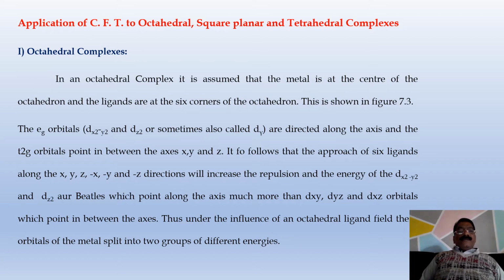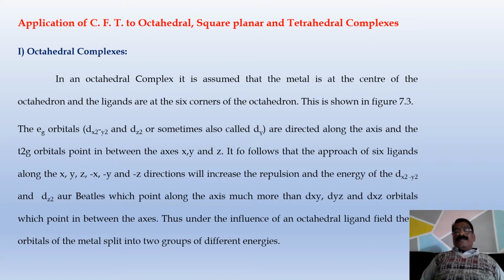The eg orbitals, dx square minus y square and dz square, sometimes also called d gamma orbitals, are directed along the axes, and the t2g orbitals point in between the axes x, y and z.